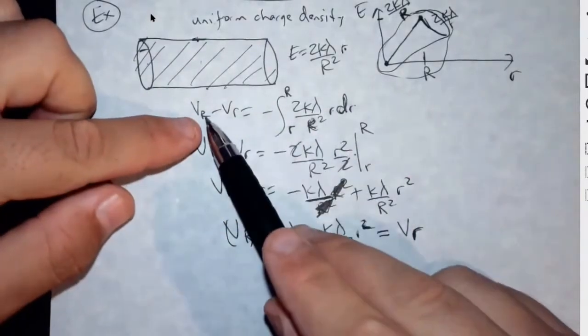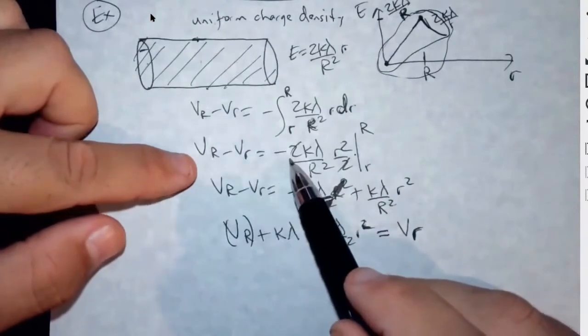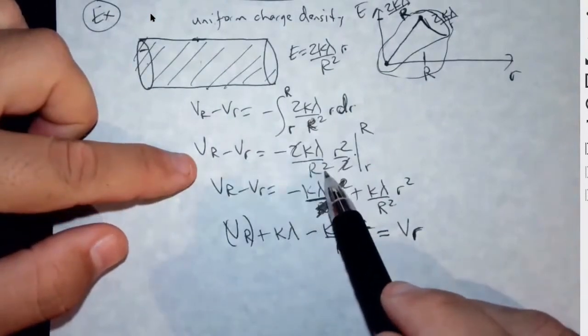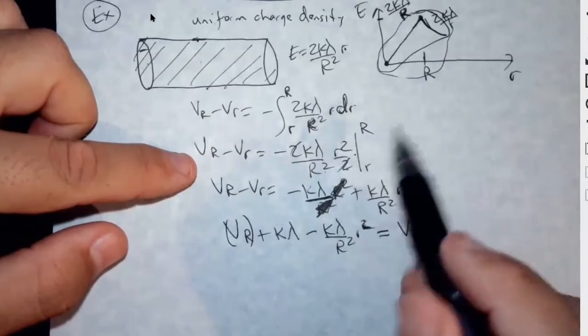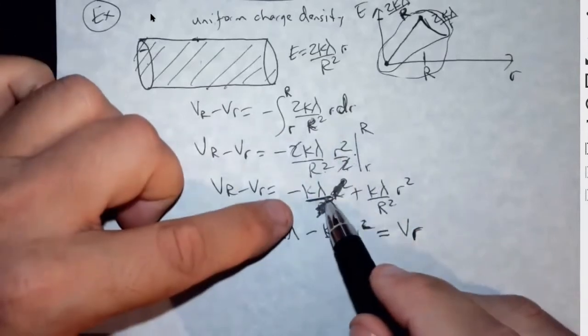Let's see, you have here the voltage at the surface minus the voltage at any point, negative 2k lambda over R squared over 2, r to R, the 2's cancel, negative k lambda.